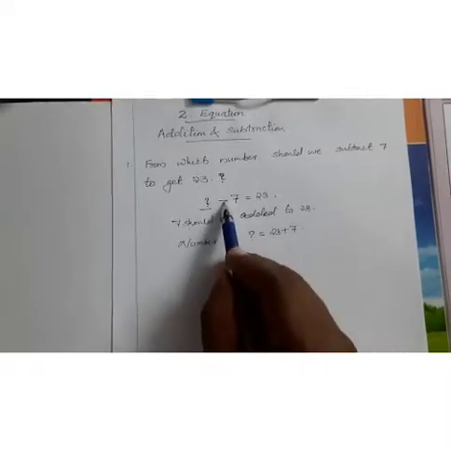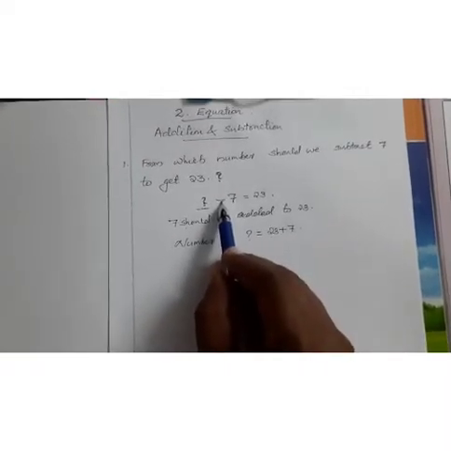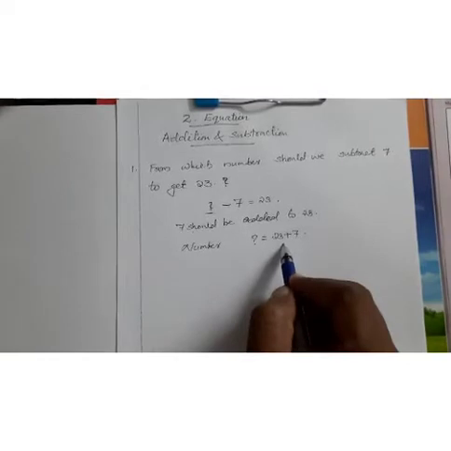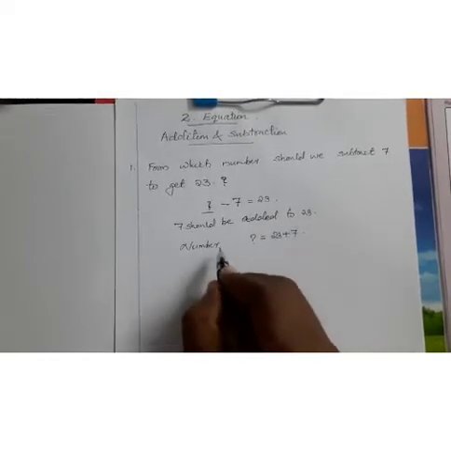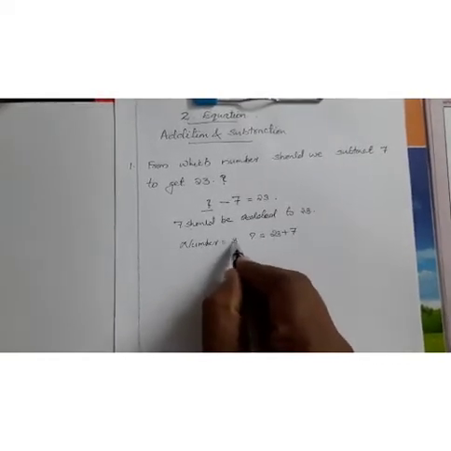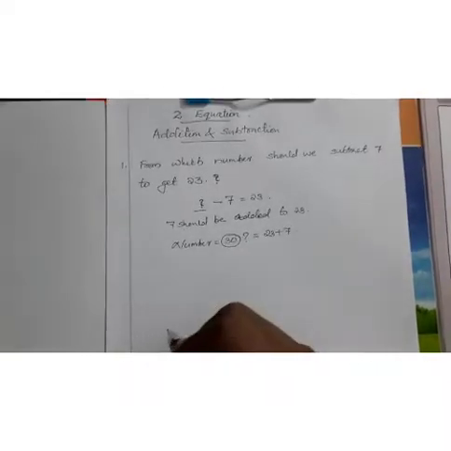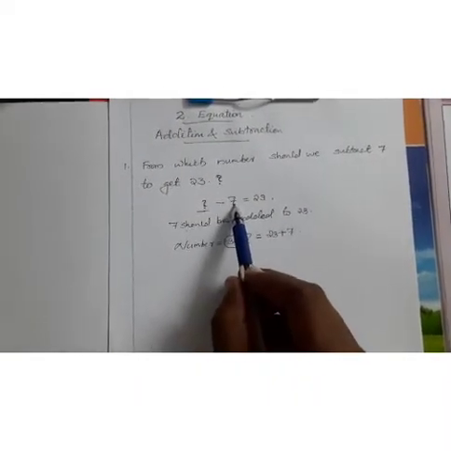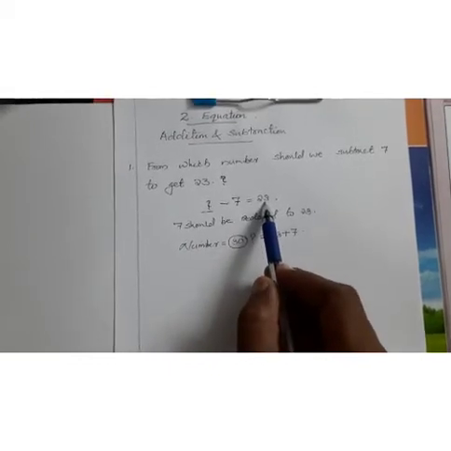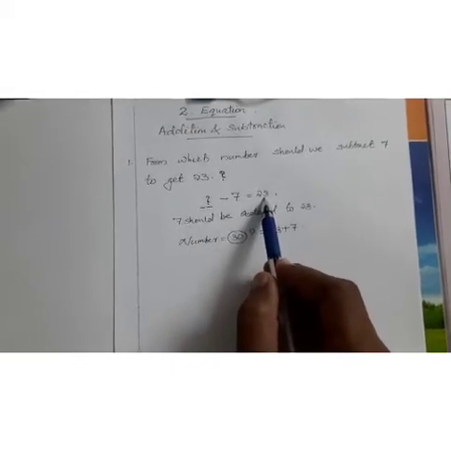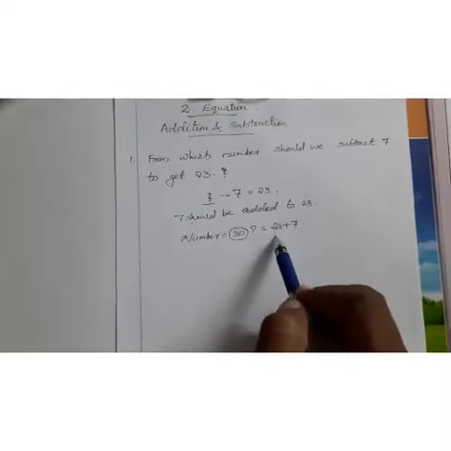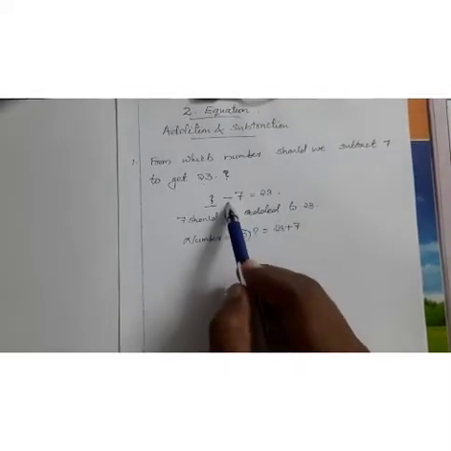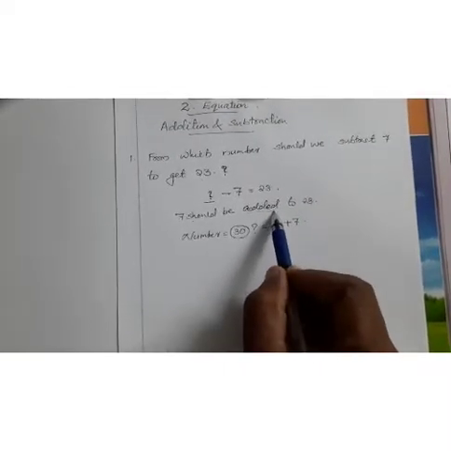So instead of doing the subtraction, we can do addition. So by adding this number, what we will get? The number as 30. So if you subtract 7 from 30, we will get 23. The same thing we are doing in the opposite method. Instead of subtraction, we are adding it.